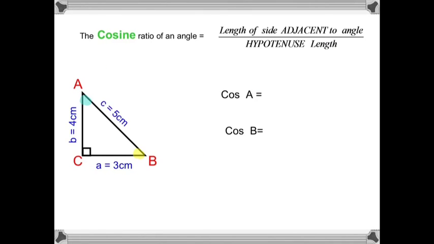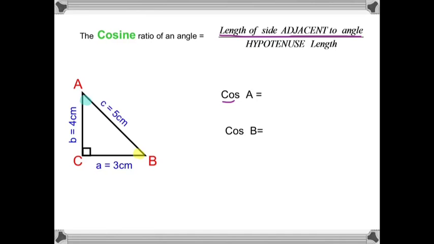Okay, cosine, and this is the longer word cosine. Cos is the abbreviation of this longer word. Again, this is a Latin word. So the cosine of an angle is the length of a side adjacent to an angle over the hypotenuse.